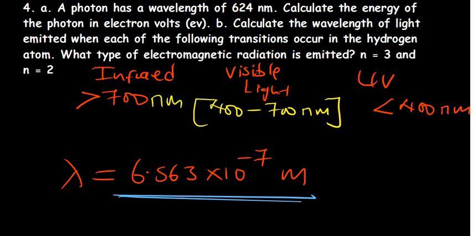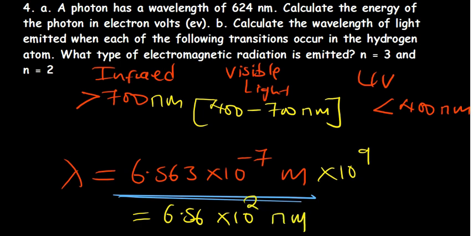How do we do that? Since it's in meters, we can just multiply by 10 to the power 9. If I multiply by 10 to the power 9, the answer I'm getting is 6.56 times 10 to the power 2 nanometers. Assuming our calculations are okay, if we write it in normal form, we have a value of about 656.3 nanometers.